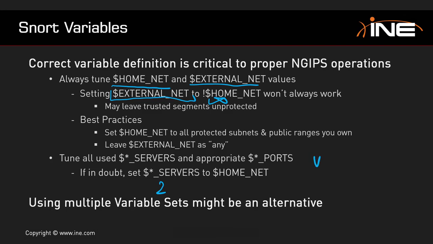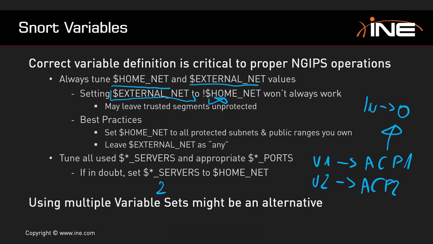So I would have my variable set 1 that I would use in my access control policy 1. I would have a different variable set for another policy. And now in this policy, I would say that this is for inside to outside, or just outside to inside communication.